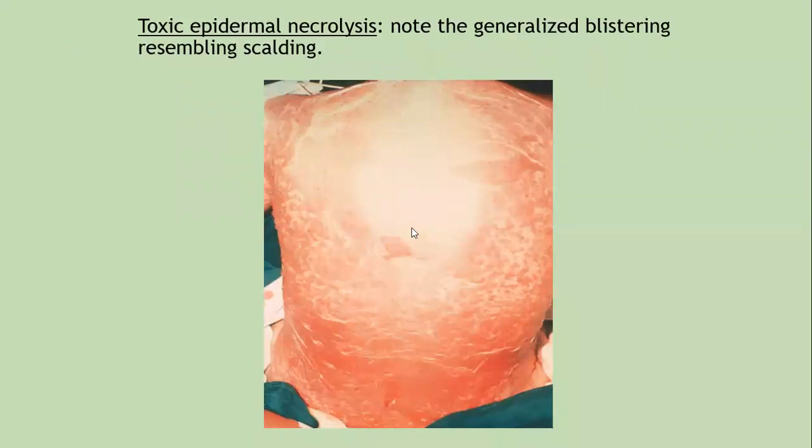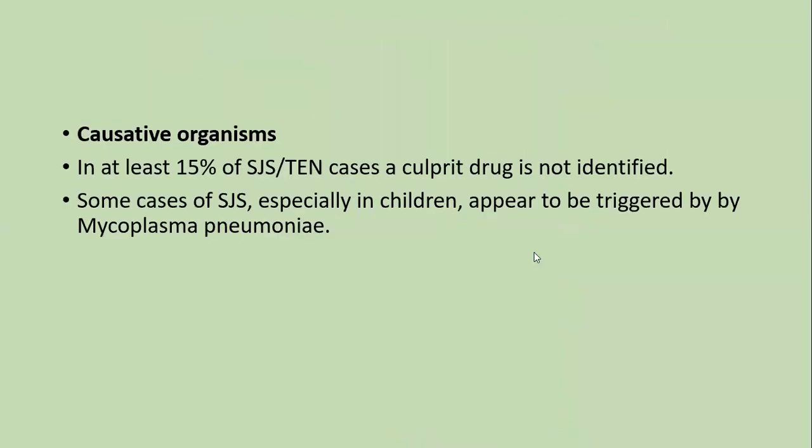If more than 30% of the body is involved, then it is toxic epidermal necrolysis, characterized by sheets of epidermal necrosis and exfoliating skin. In at least 15% of the cases, the culprit drug is not identified.